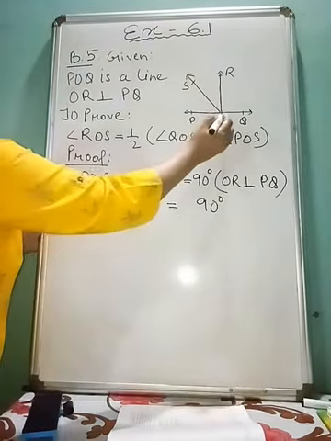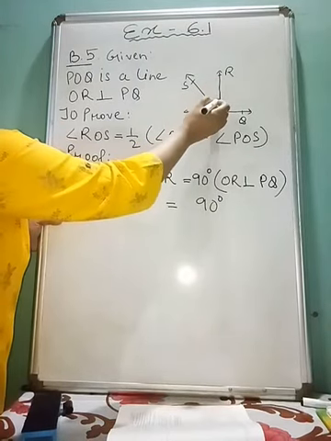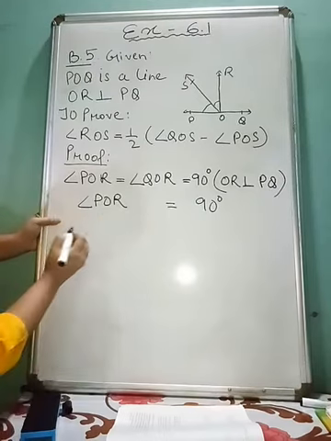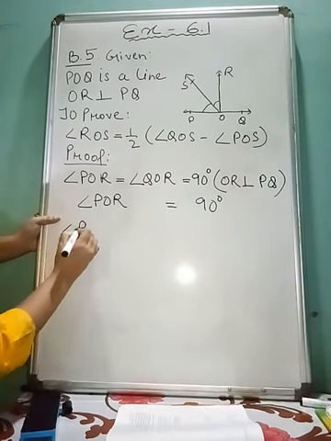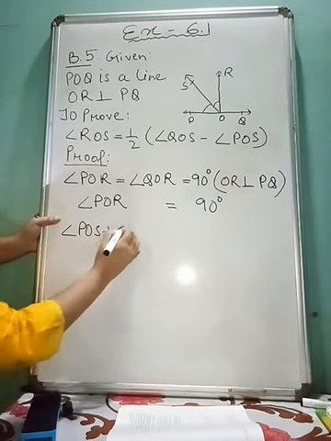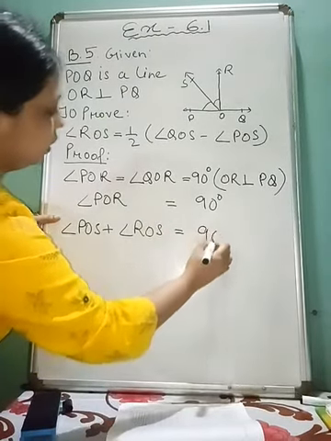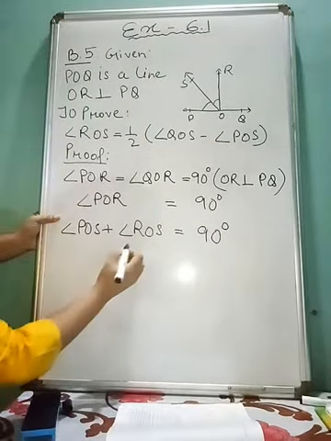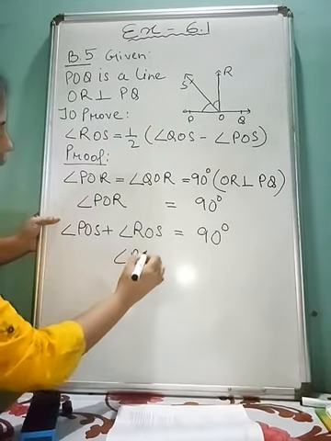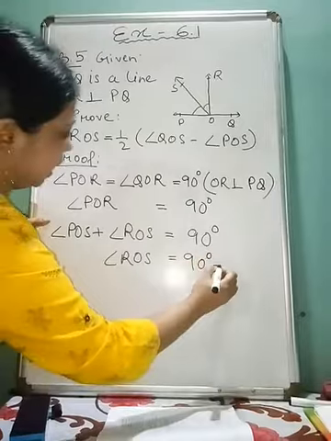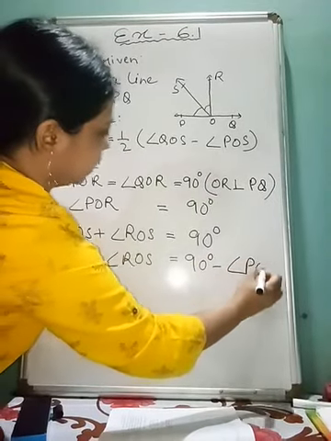Now POR is the addition of two angles here, these two angles. So in place of POR, we can write here angle POS plus angle ROS equal to 90 degree. So from here we will find ROS. ROS equal to 90 degree minus angle POS.